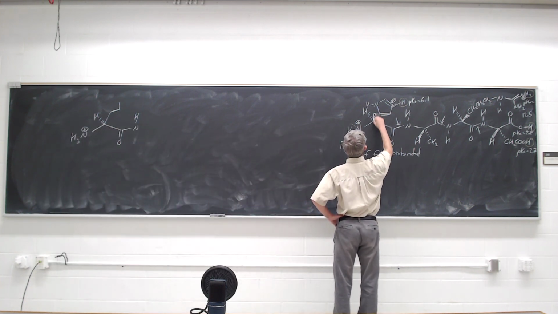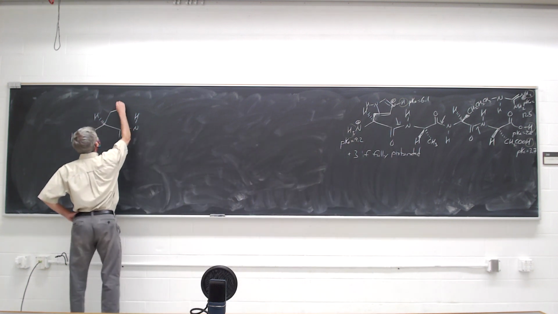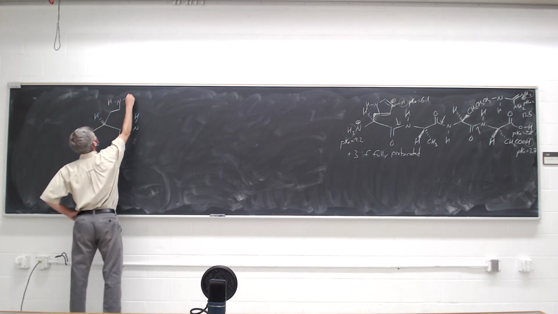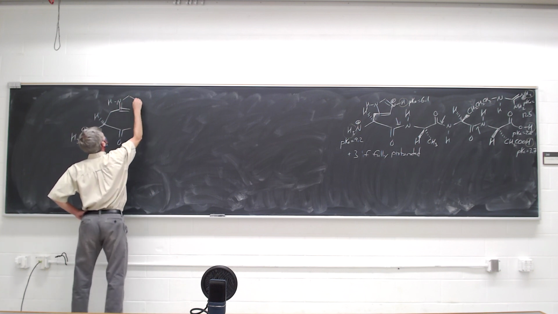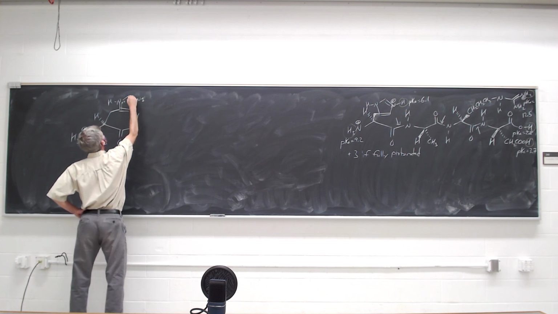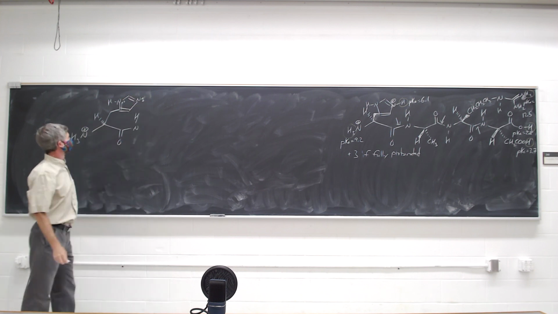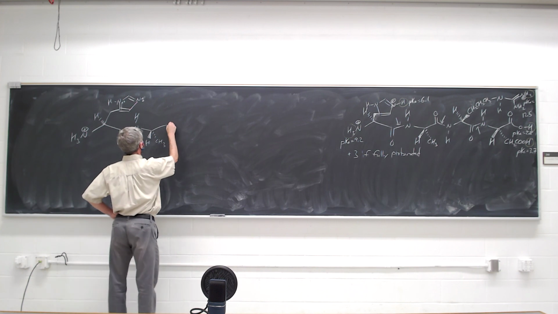I lost the CH2. It'll go. So this is a lone pair. That's a neutral side chain. Alanine, of course, has a side chain that doesn't come off, so don't worry about it.